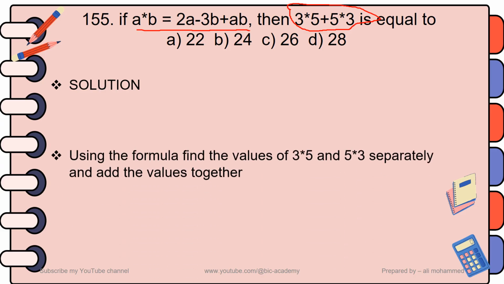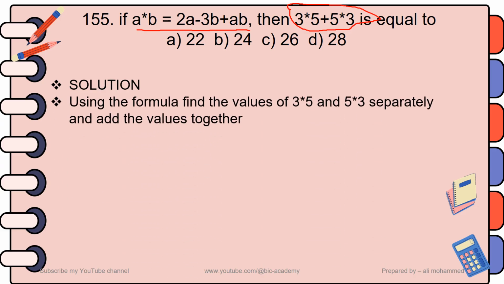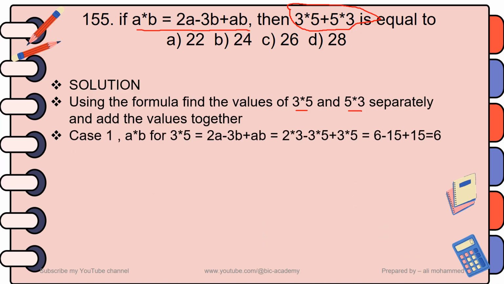So to get the answer for this question, first find the values of 3 times by 5 and 5 times by 3 separately. Then finally add the two values together. So for the first case, that means 3 times by 5, you can use the general formula, and the general formula is 2a minus 3b plus ab.